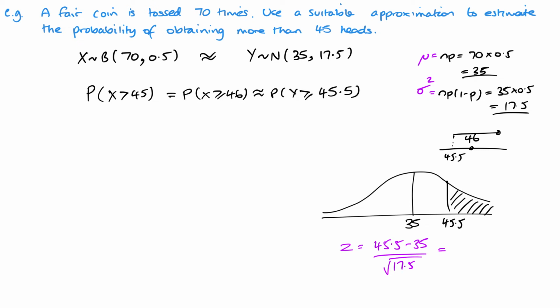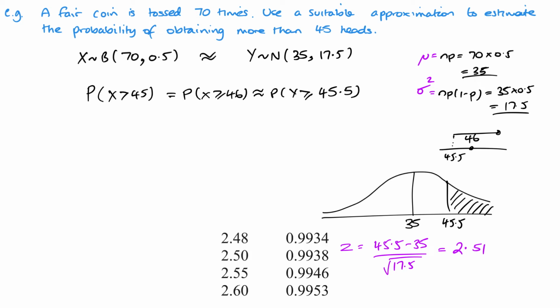And we get a value of z that is 2.51. It's actually 2.50998, but 2.51, which, as you can see from my tables, is incredibly infuriating. I just want to be able to look up 2.51, but I can't.